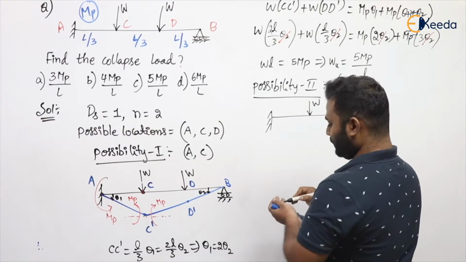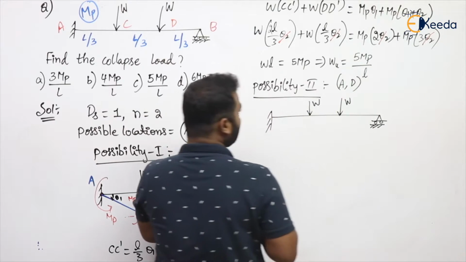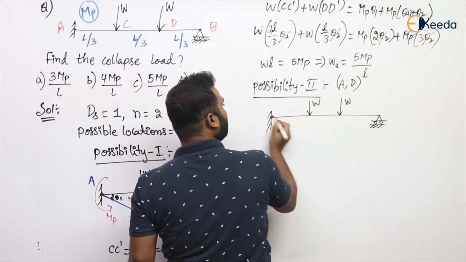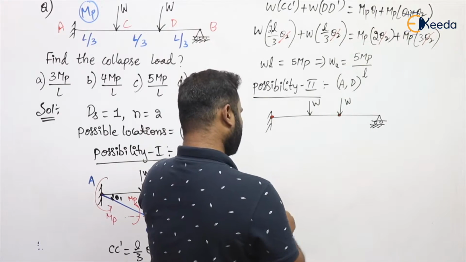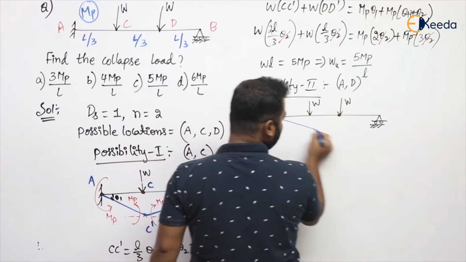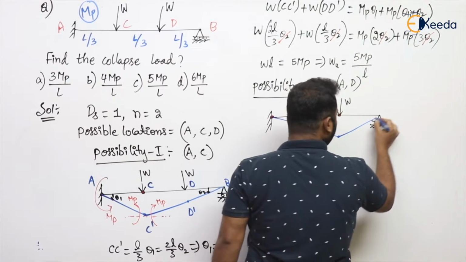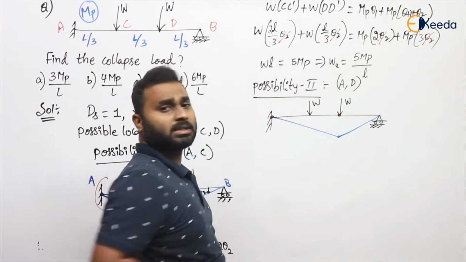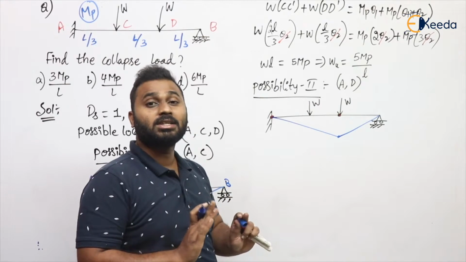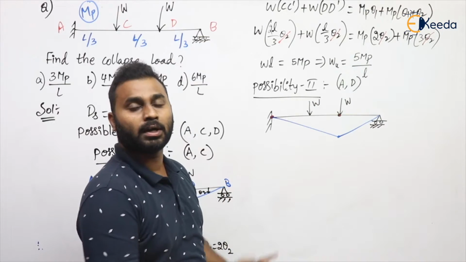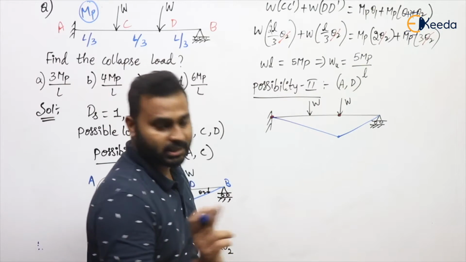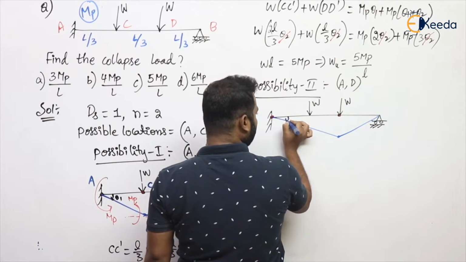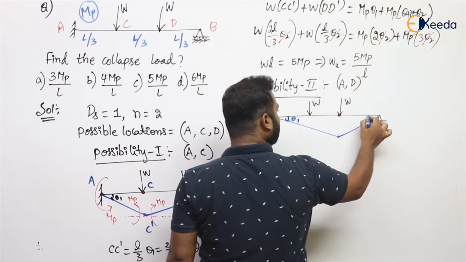In this case, we are assuming hinges are forming at A and D. Now the mechanism shape will be like this. In this case also, the hinge in the span is not forming exactly at the center. Therefore the angles at both ends are not the same. It is different. If it is theta 1, then it is theta 2.